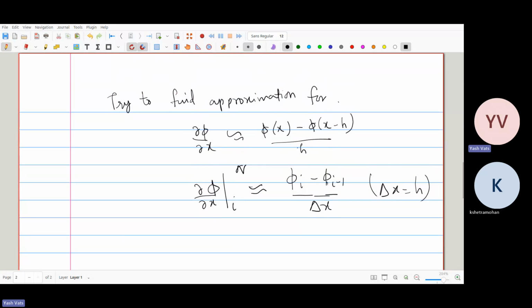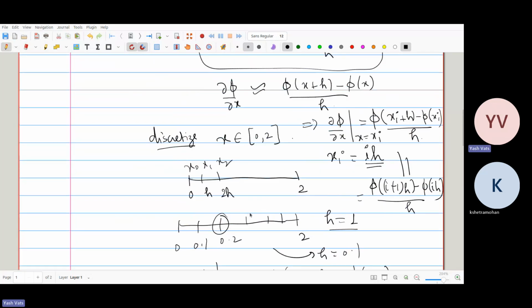So can you do that in a similar way? I think you can write it in the same way.